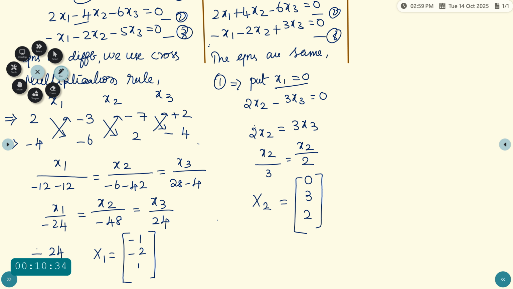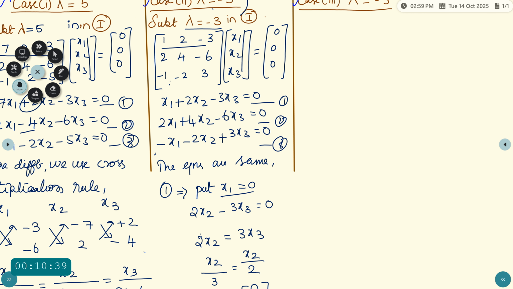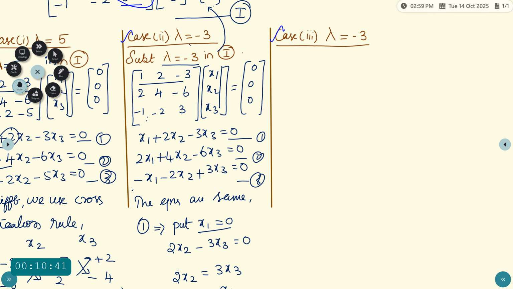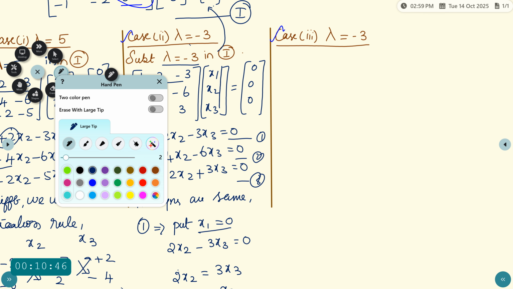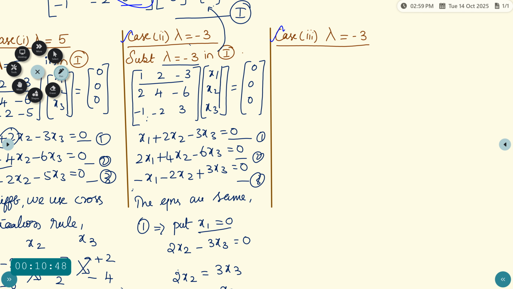This is the second eigenvector, and now we are going to find the third eigenvector. See here, the second and third eigenvalues are the same, minus 3 and minus 3. You substitute minus 3 in the same matrix here also. So you have to put x2 equal to 0.